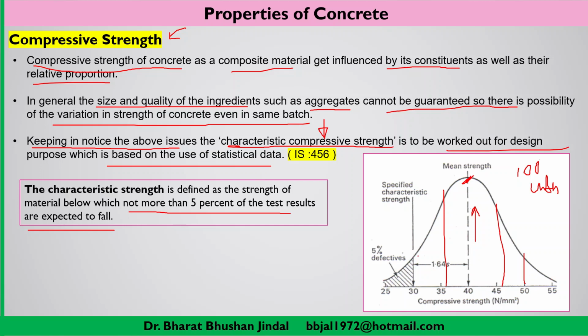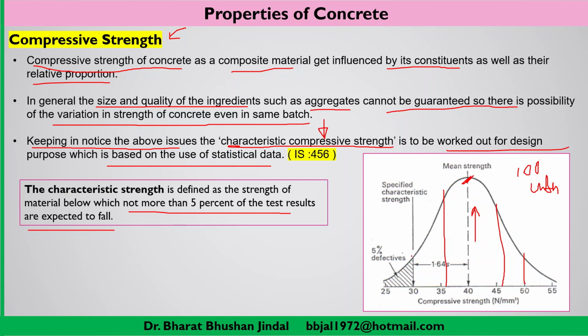Now as per the statistical tool, we will try to shade here 5% of the area. Now you can see here the shaded portion has 5% of the area of the whole curve.